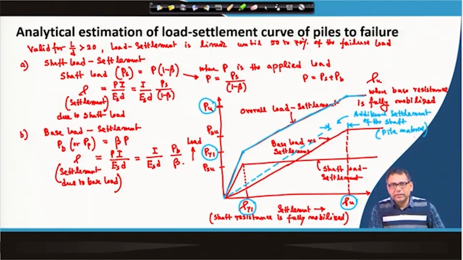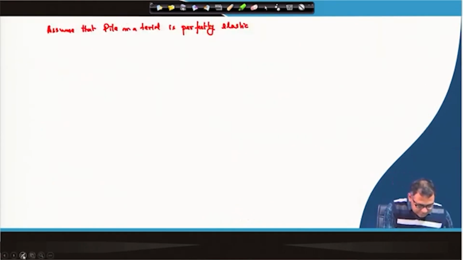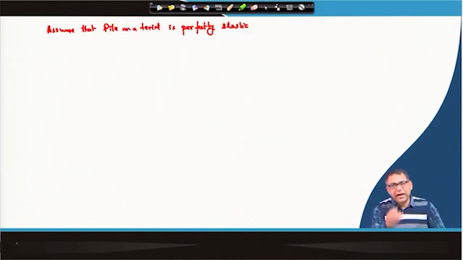This is clear. So now we have to subtract that tip component, which will go to the base during the full mobilization of the shaft load.